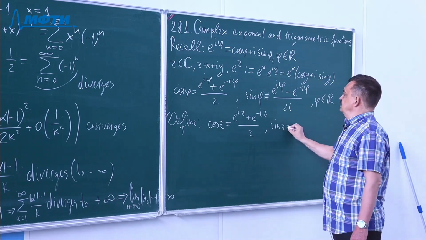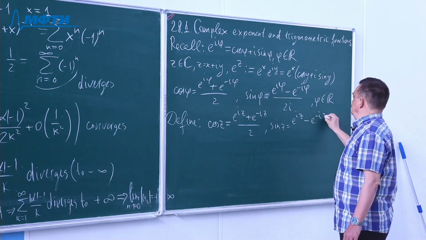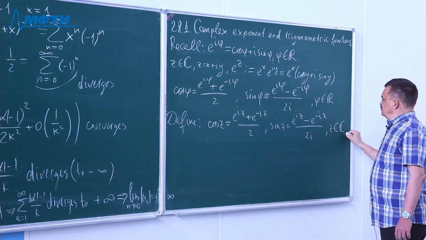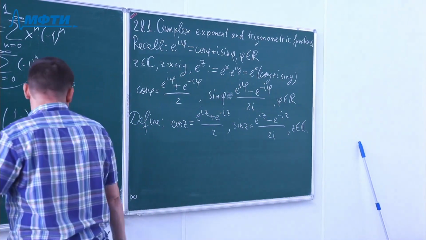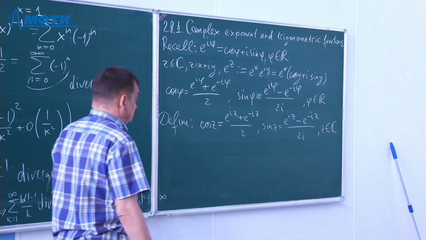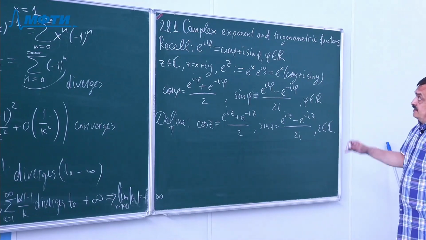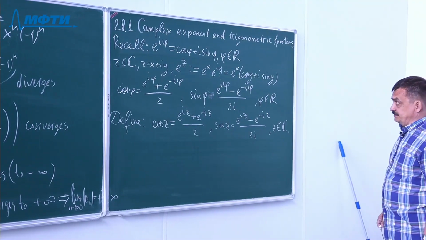Sine z equals e to the power iz minus e to the power minus iz over 2i. Now, those functions are defined for arbitrary complex values. These are complex exponential and trigonometric functions.